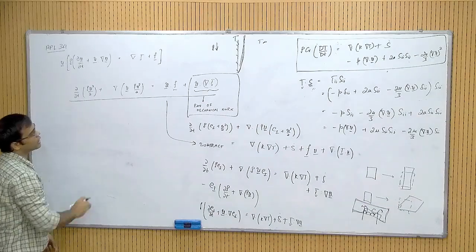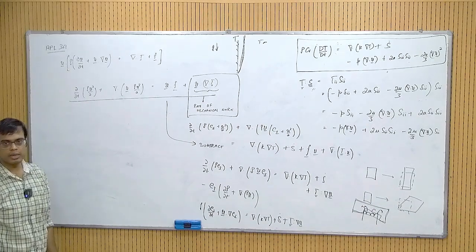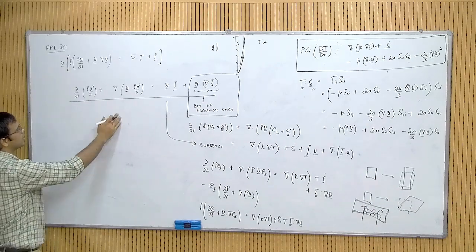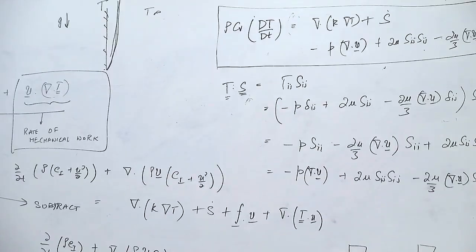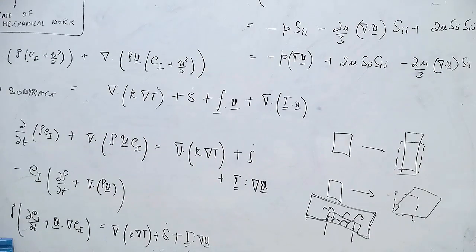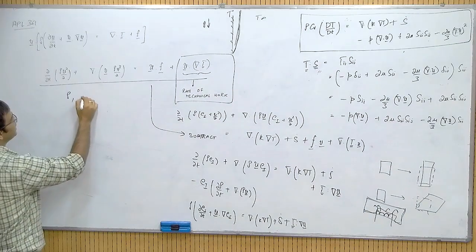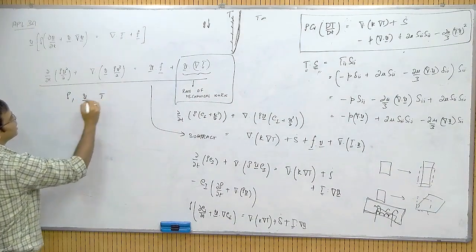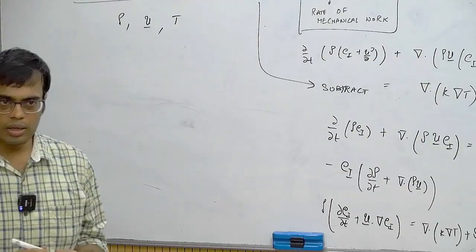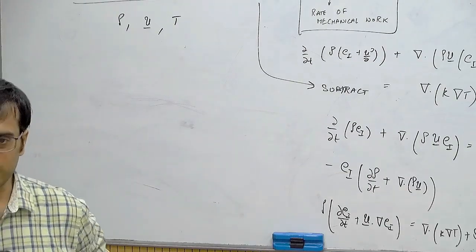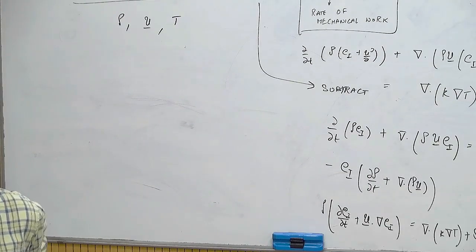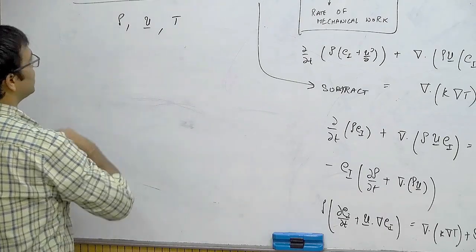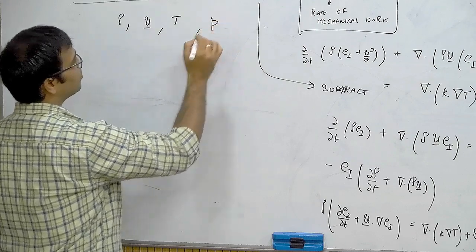But if this is not an incompressible flow, then let me ask you a question. All the equations that we have derived so far have been for density, velocity and temperature. So we had 3 equations for momentum for velocity, 1 equation for temperature and 1 equation for density, but we have another variable appearing in the equations, that is pressure.